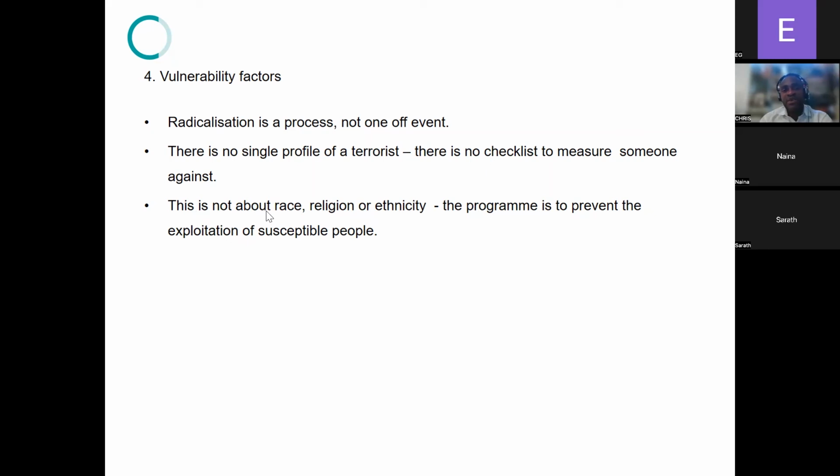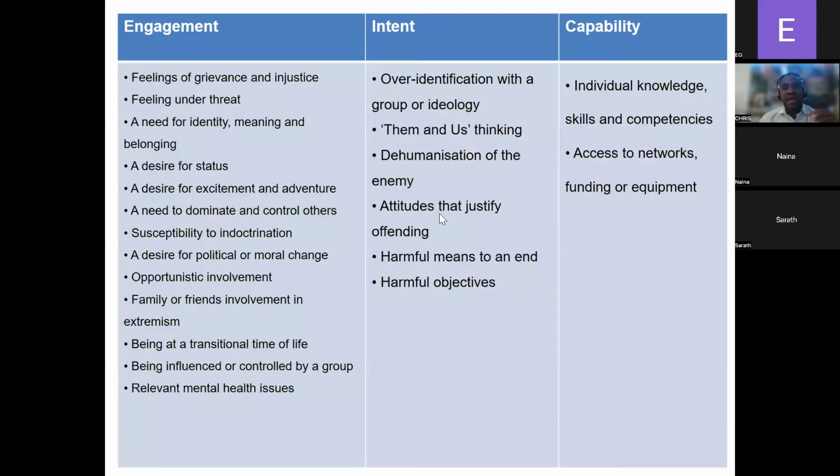So this is not about race, and it's not about religion, and it's not about ethnicity. The program is meant to prevent the exploitation of people who are susceptible to being lured or influenced. And every healthcare worker must understand this.